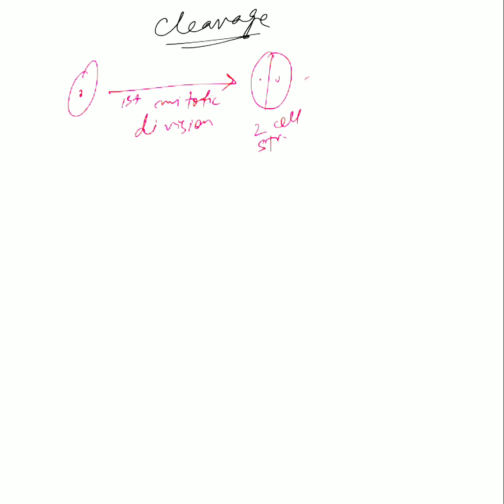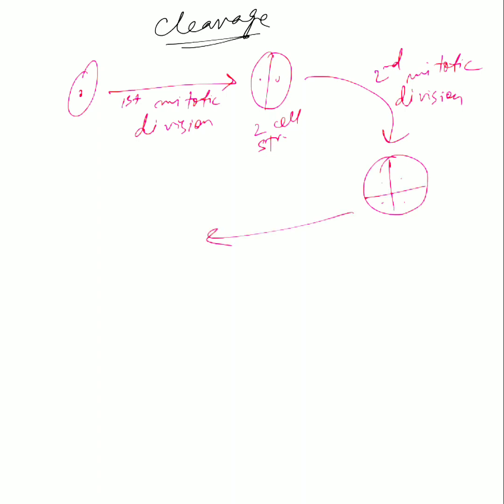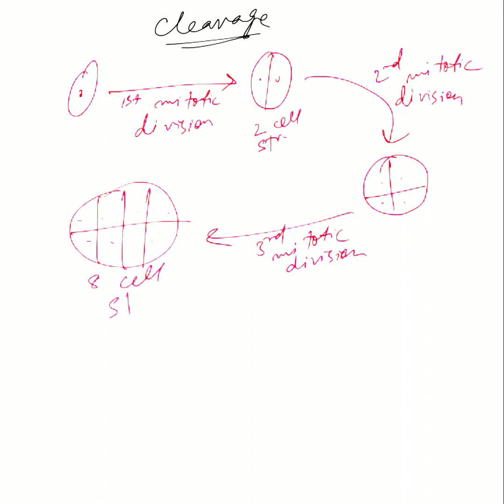Then the 2 cell structure again undergoes mitotic division to form the 4 cell structure. Again, the 4 cell structure undergoes mitotic division to form the 8 cell structure.